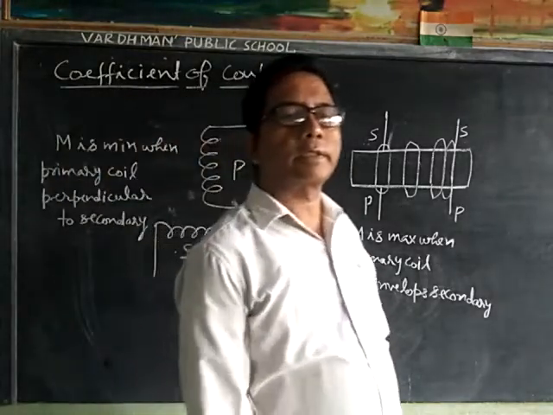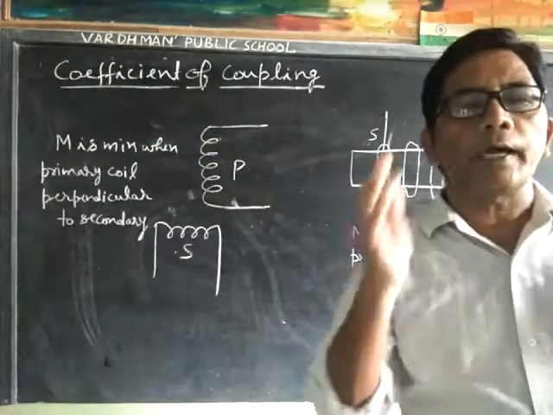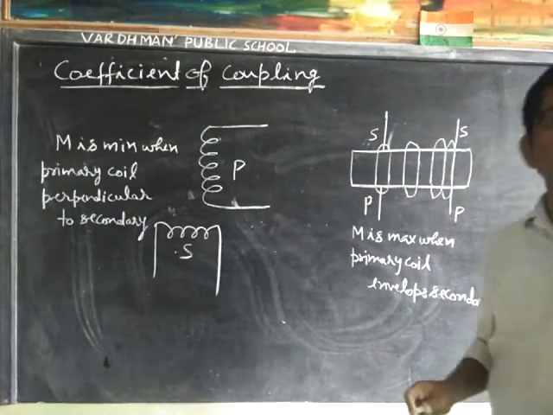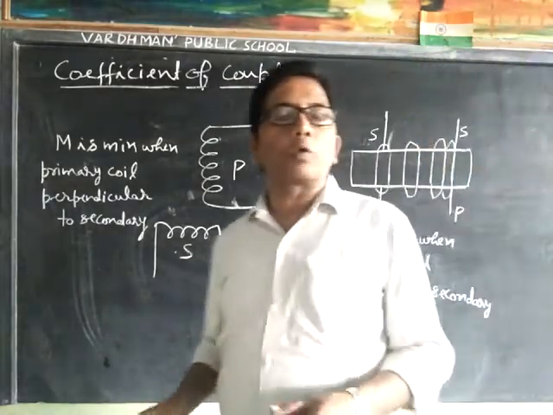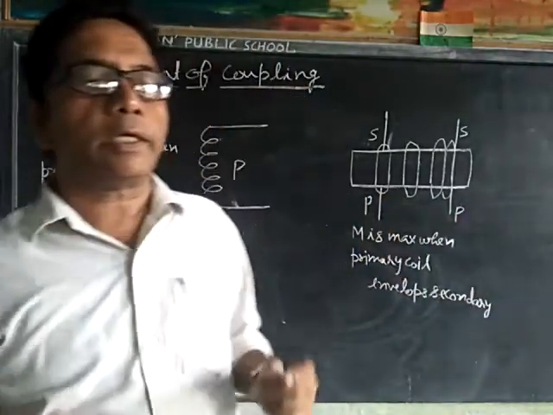The coefficient of coupling of two coils gives a measure of the manner in which two coils are coupled together.